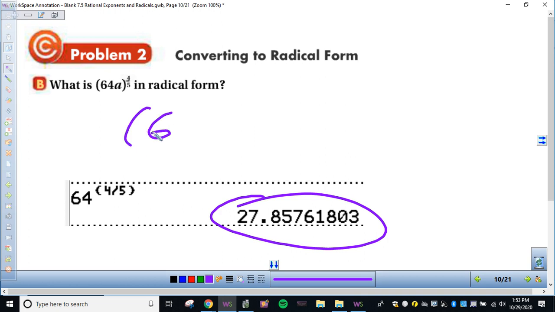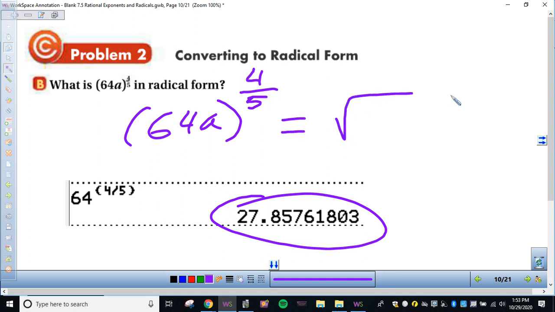So I'm going to write this bigger so those that are in person can see it better. So 64a to the 4/5 power. That's different than the previous problem because the 64 is inside of the parentheses. Okay? So the 5 goes in the elbow of the radical.